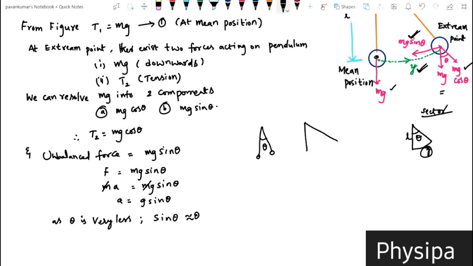If the pendulum has a larger angular displacement, then we cannot observe simple harmonic motion in the pendulum. So again, the acceleration A can be written as g into theta.